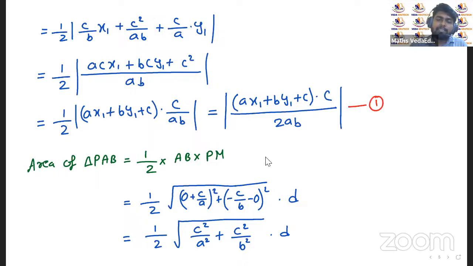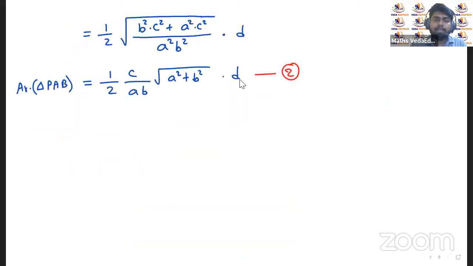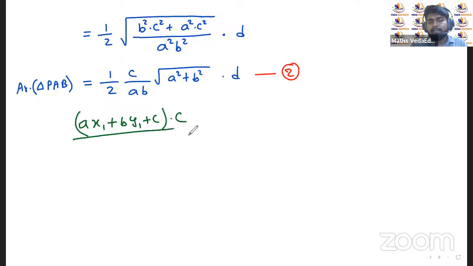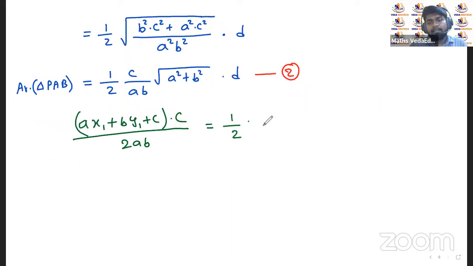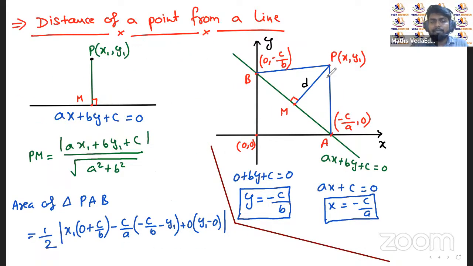When we equate these two, we'll get AX1 plus BY1 plus C, this whole thing into C, whole divided by 2 times AB, and this is equal to half into C by AB into square root of A squared plus B squared into D. Now from here we need to find the D value, because this is the distance PM. We already took this PM as D.